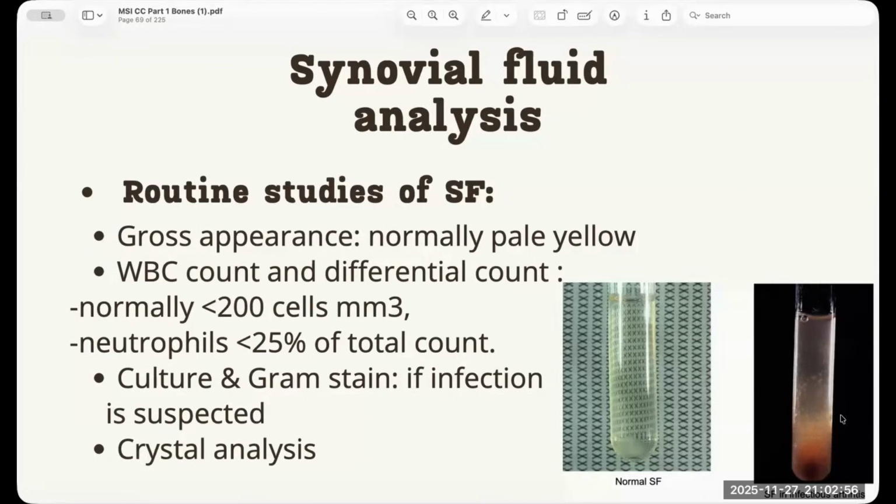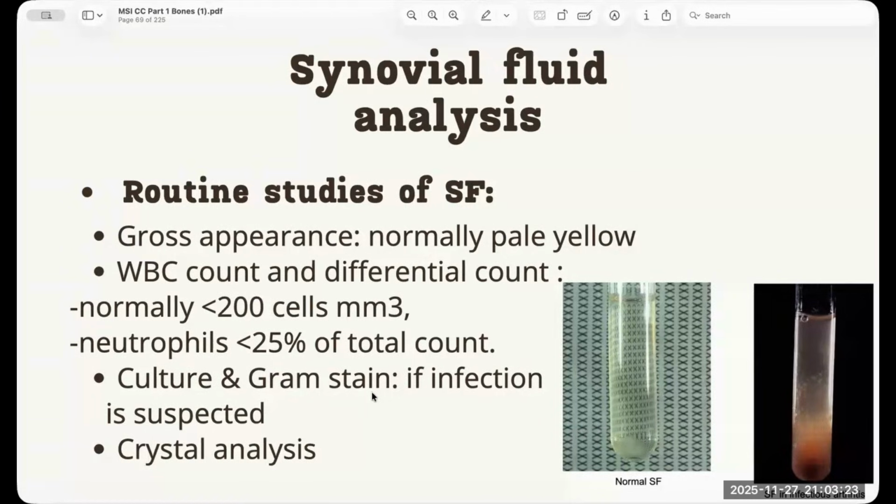You can see blood, you can see some other abnormalities. From that, we can not only study it grossly, we can also study the WBC count and differential. Normally, it's less than 200 cells, and neutrophils are less than 25% of the total count.